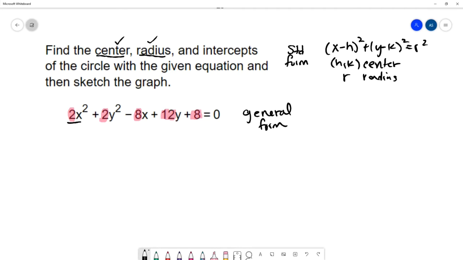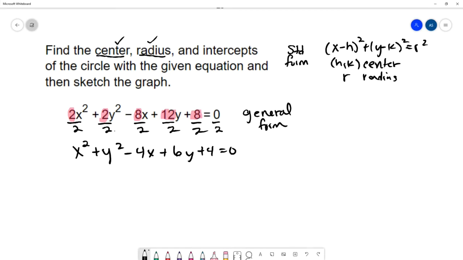So I'm going to start by dividing every term by 2, and that gives me a new equation in general form, x squared plus y squared minus 4x plus 6y plus 4 equals 0.